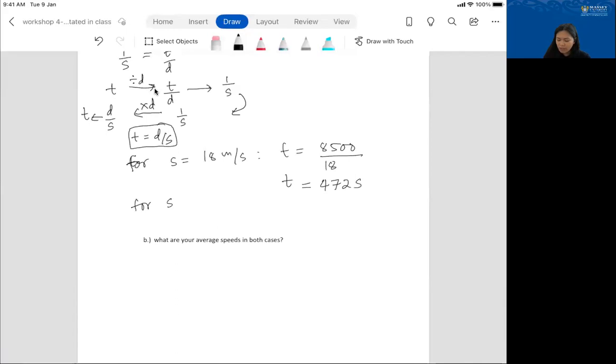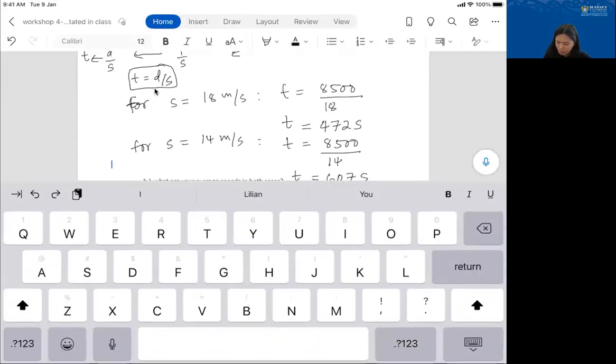And when your speed is equal to 14 meters per second, when you're not in a hurry, the time is equal to the distance that you travel, 8,500 meters divided by your speed. And that will give you a time of 607 seconds. And let me just put some more space here.